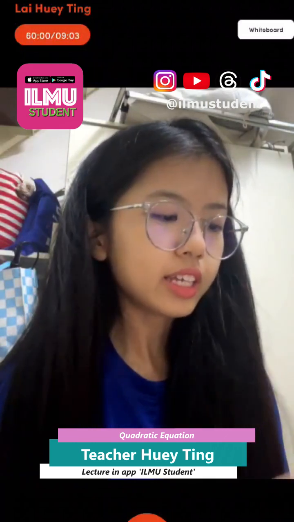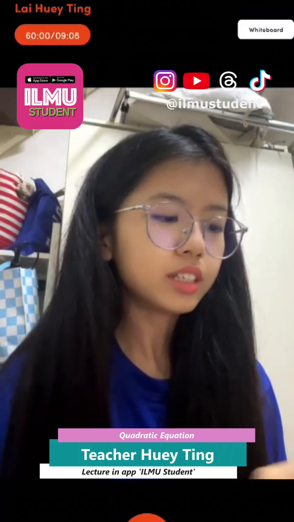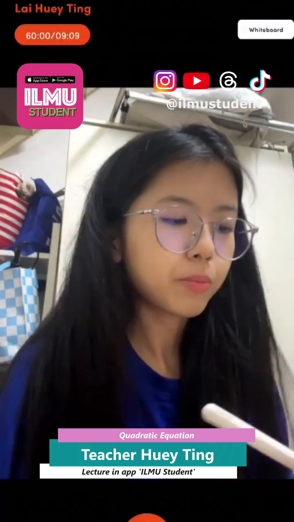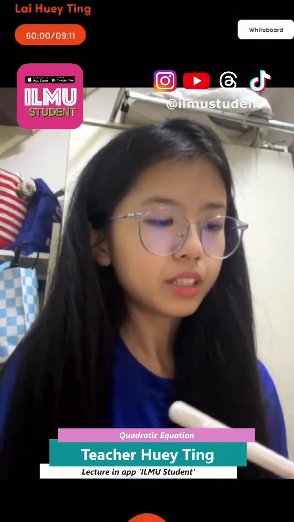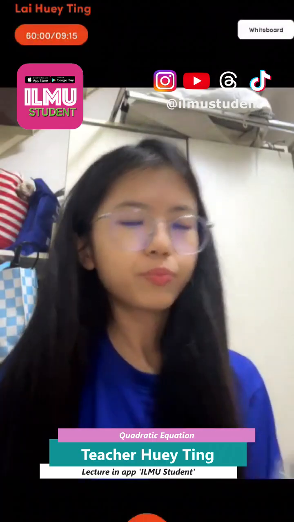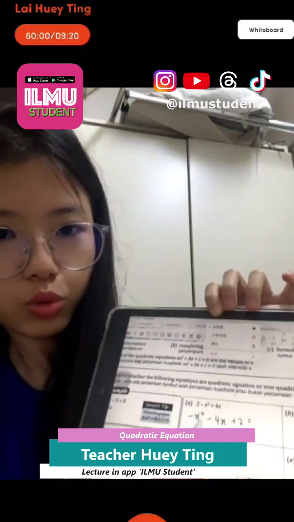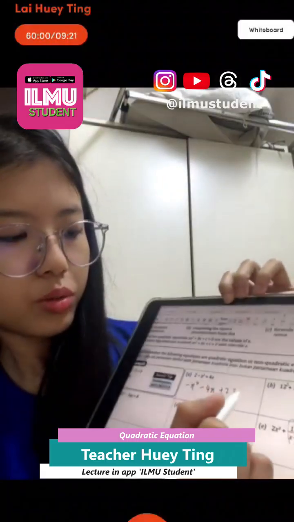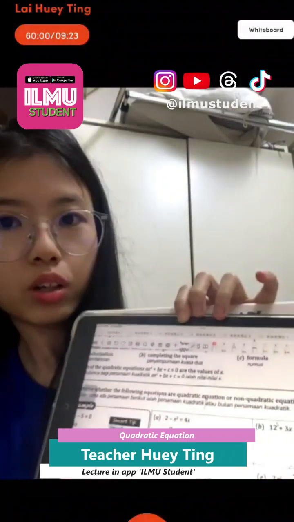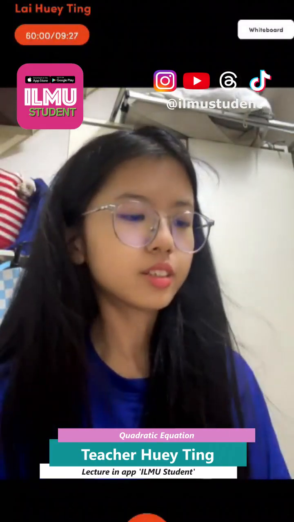And for the second one, it is 2 minus x squared equal to 4x. So let us arrange it to minus x squared minus 4x plus 2 equal to 0. So now we can see that the highest power is 2, and also it has the equal sign. So this is the quadratic equation.